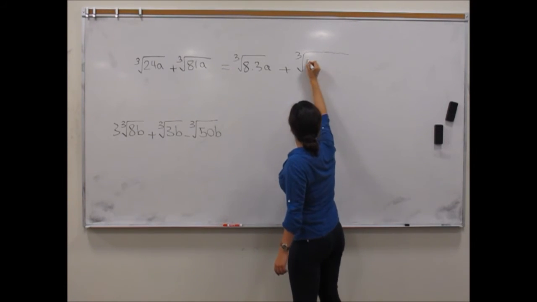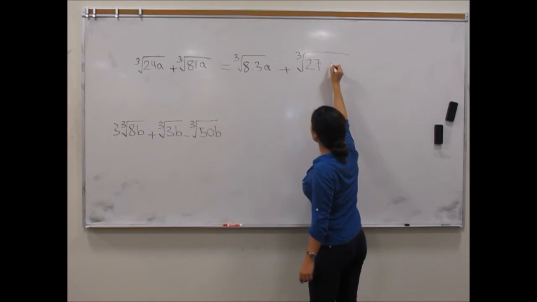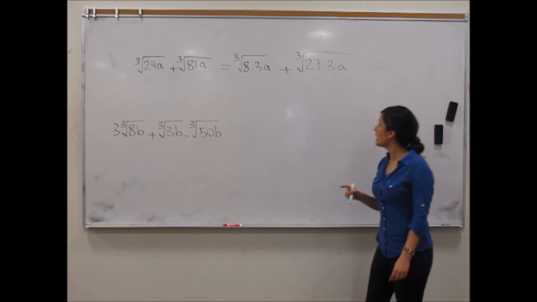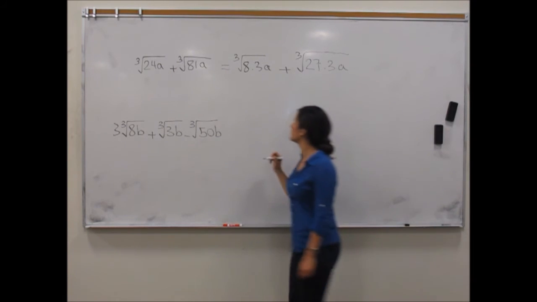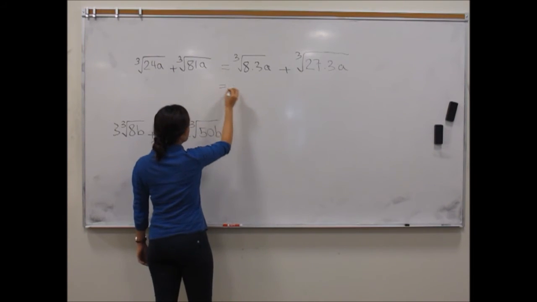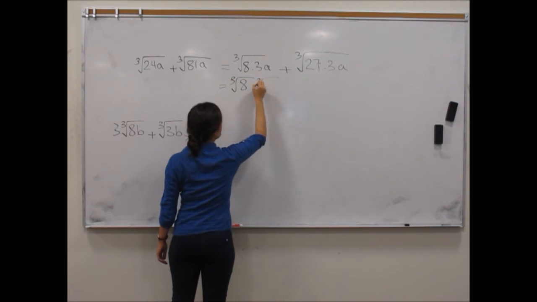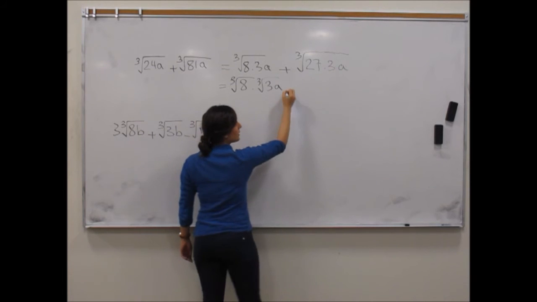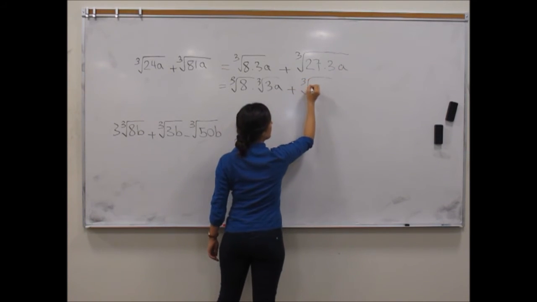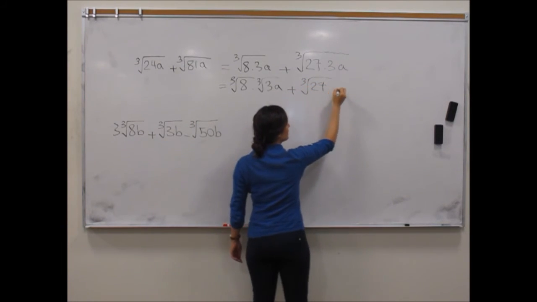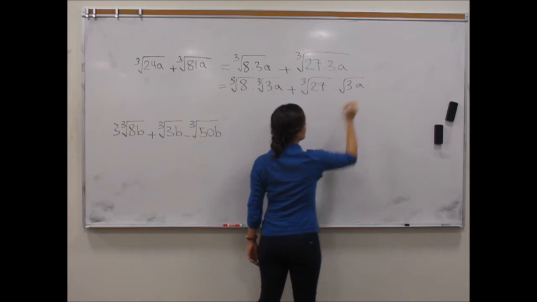So I would have 27 times 3a. Then I can rewrite them like this: cube root of 8 times cube root of 3a plus cube root of 27 times cube root of 3a.